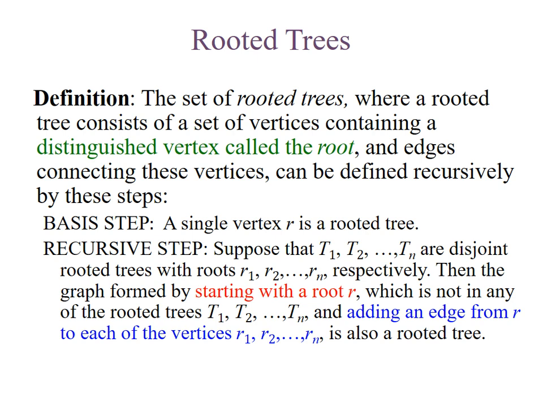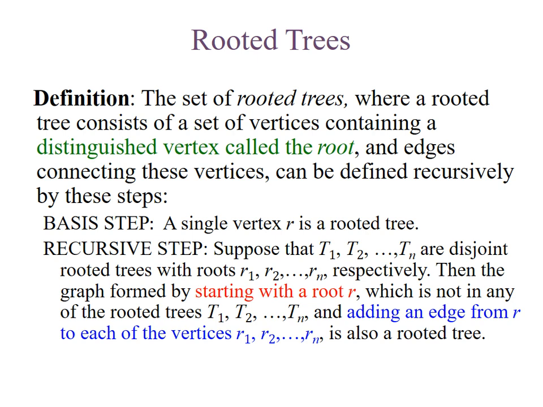A rooted tree consists of a set of vertices containing a distinguished vertex called the root, and then we have edges connecting those vertices, and it can be defined recursively by these steps. So basically, we have one special node which is called the root, and then we have different edges connecting the root to other nodes or trees.